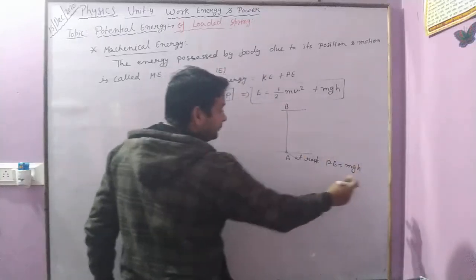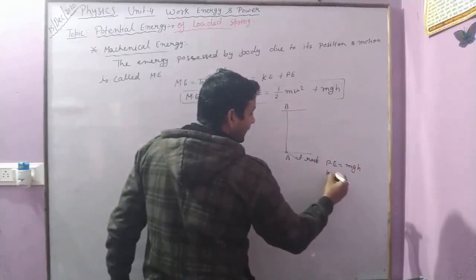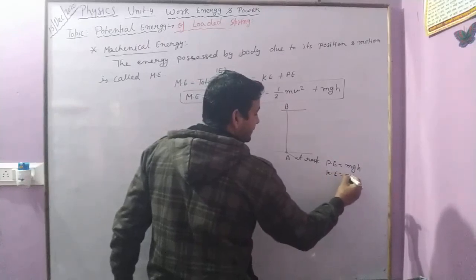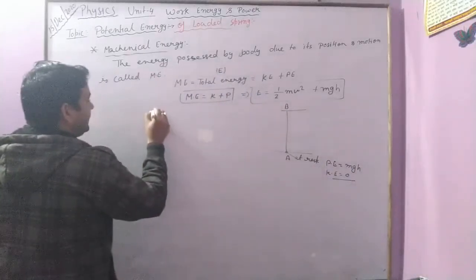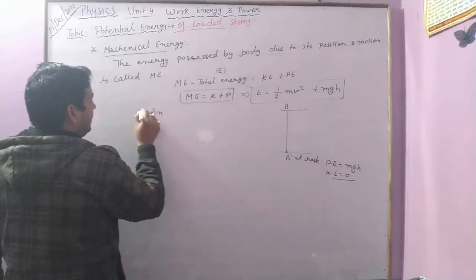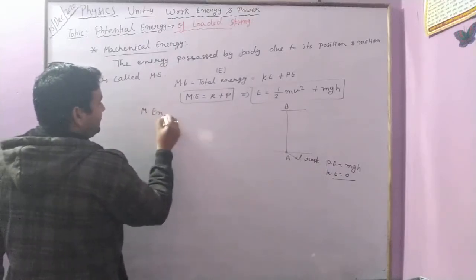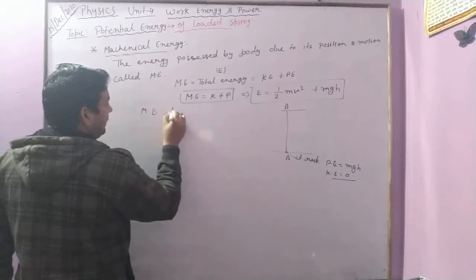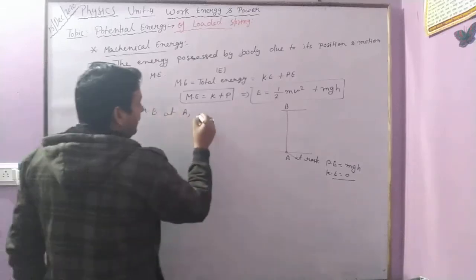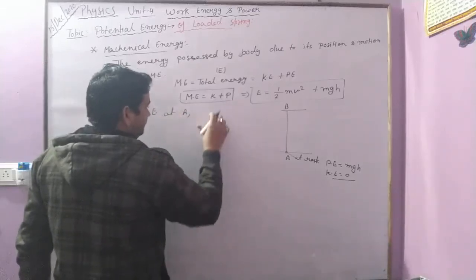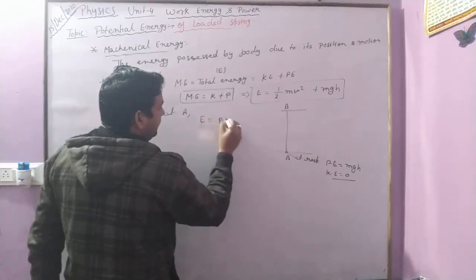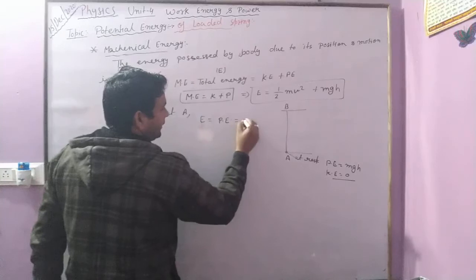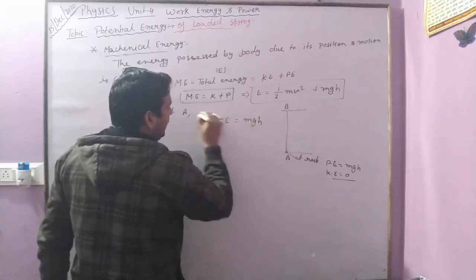Clear? Therefore, its kinetic energy at this place is 0. Therefore, the mechanical energy at A is only due to potential energy, which is equal to mgh.